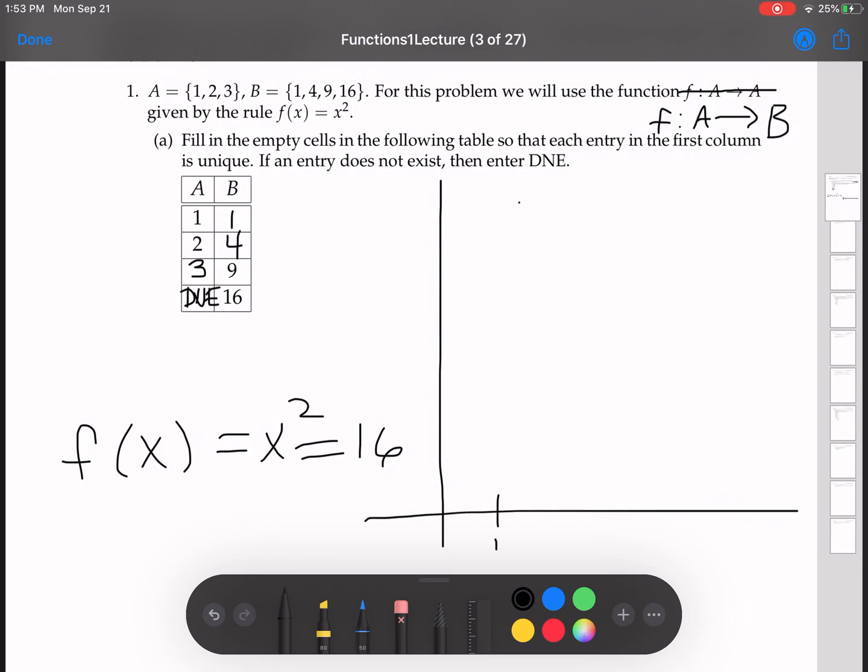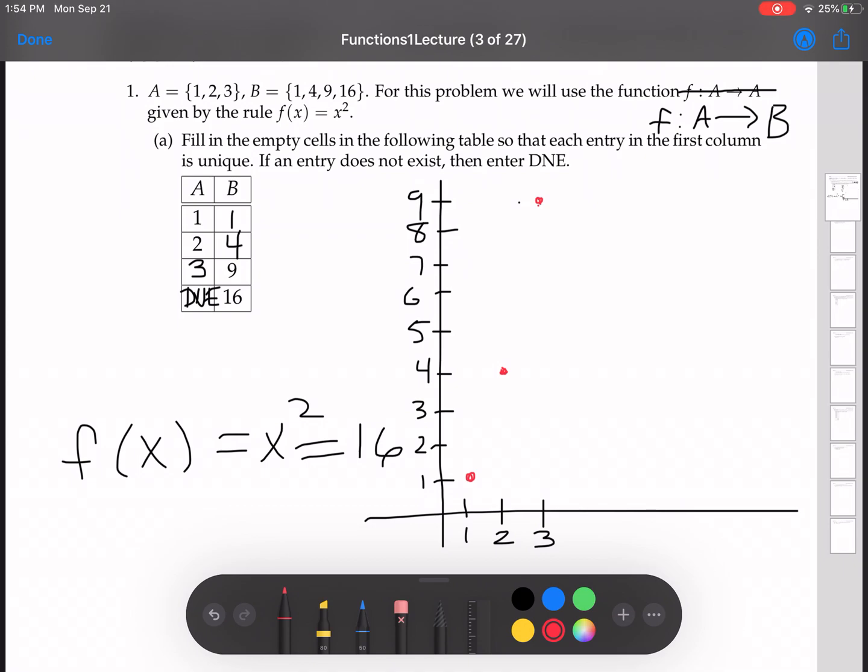I'm trying to draw this to scale. 1, 2, 3, 1, 2, 3, 4, 5, 6, 7, 8, 9. Look at that, I did it. Okay. So 1 goes to 1, 2 goes to 4, and 3 goes to 9.